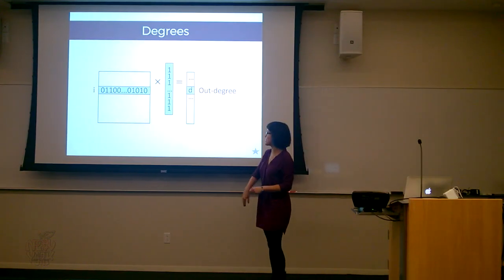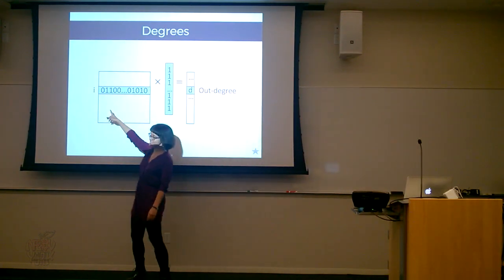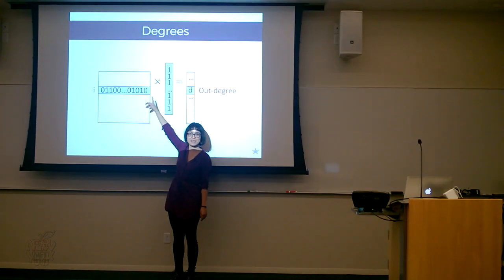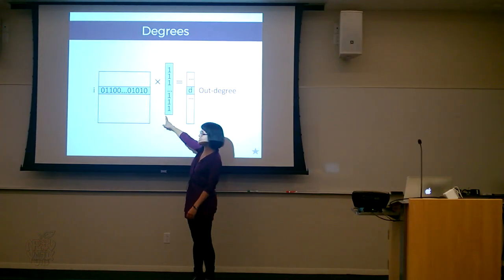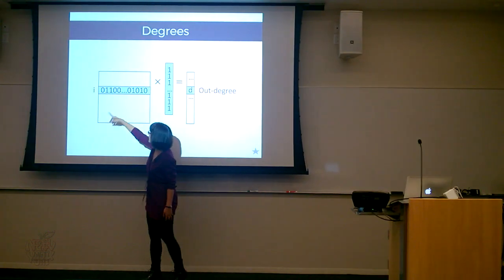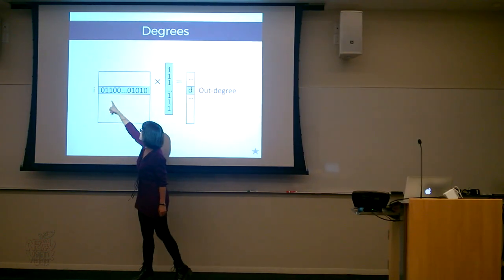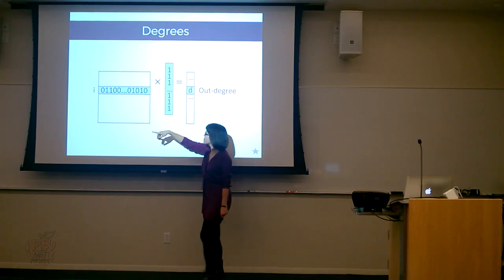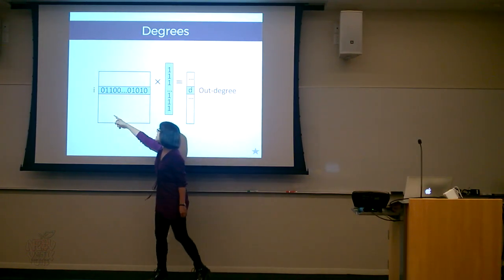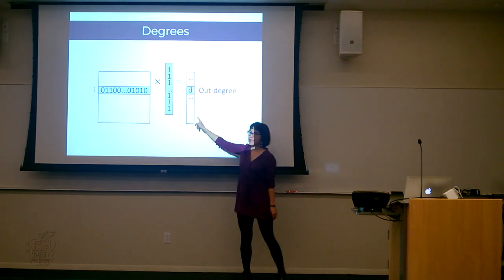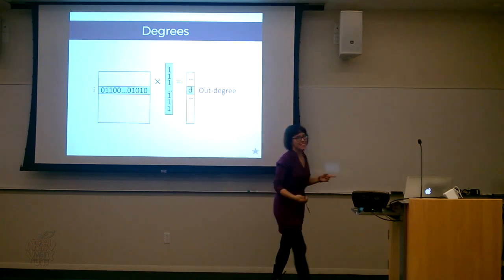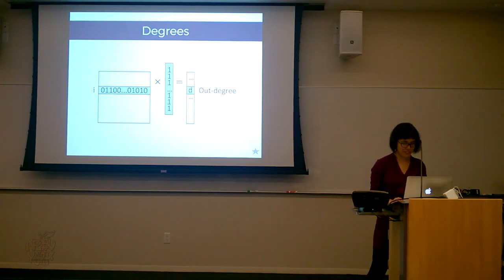Sounds fancy, but actually to compute the sum of every row, the only thing we have to do is multiply it by a unit vector. Because when we multiply them, we get a sum of this vector and this vector, which will just pick up the ones that are in this row. So this will be the out degree. And if we multiply it the other way around, we will get in degree. It's just the basic use of matrix algebra.